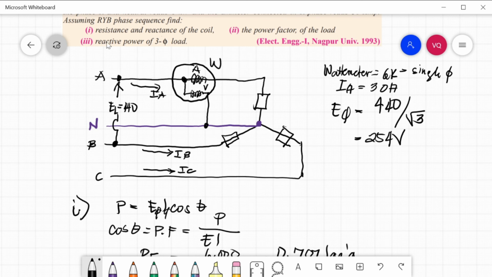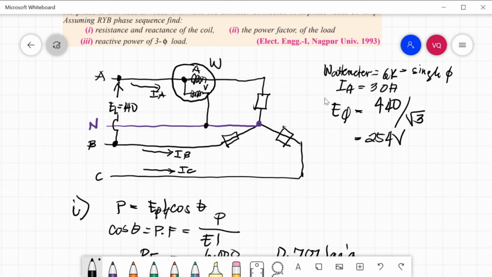Now, how can we solve the resistance and reactance of the coil? First one, since our line voltage is in between line A and line B, we must compute the phase voltage, because what we need is the phase voltage.